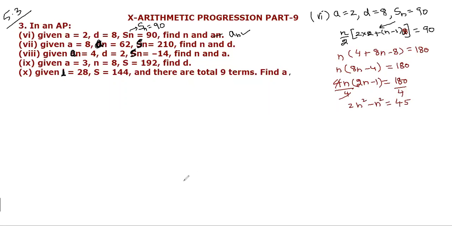Sorry, this is not n square. 1 is n square, 1 is not n square. 2 into n, 2n square minus n.